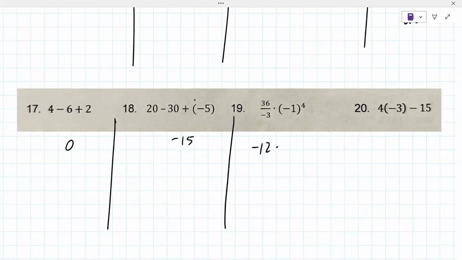Good. Times, and then what is it to an even power? I think that's what you're referring to earlier. The even is always positive, and the odd is always negative. Oh, okay. So 1. Okay. What is -12 times 1? Negative 12.